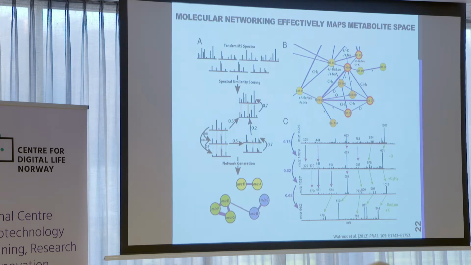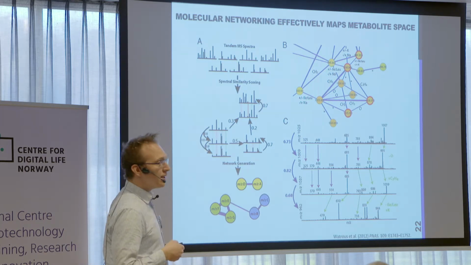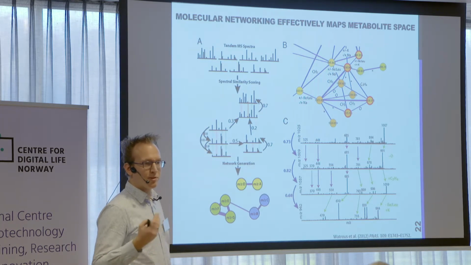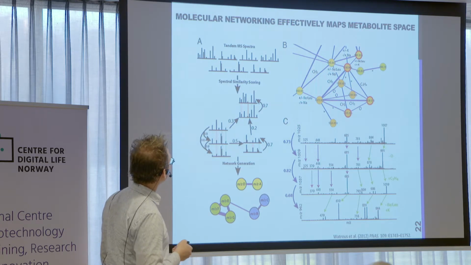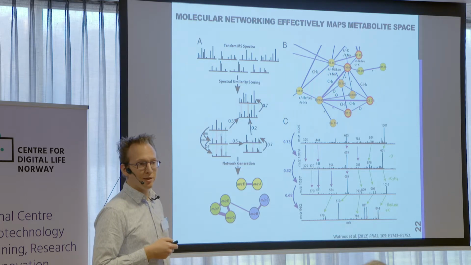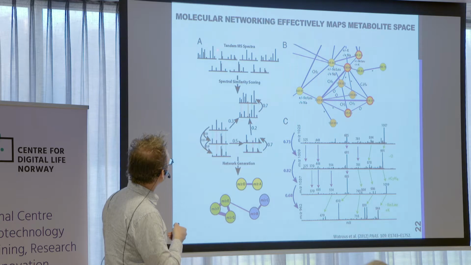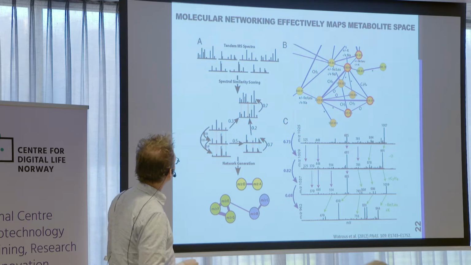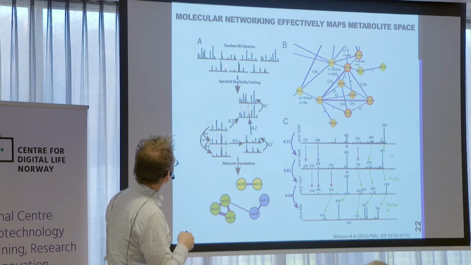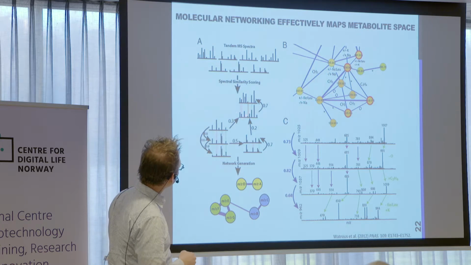But we can do more than that. Using mass spec data, you can also create networks similar to what we can do with gene clusters. You can create molecular networks, and this is based on the fragmentation pattern of these molecules. So what you can generate are tandem MS spectra, in which you get an idea of the fragments that arise when you shoot on those molecules and fragment them using ionization.